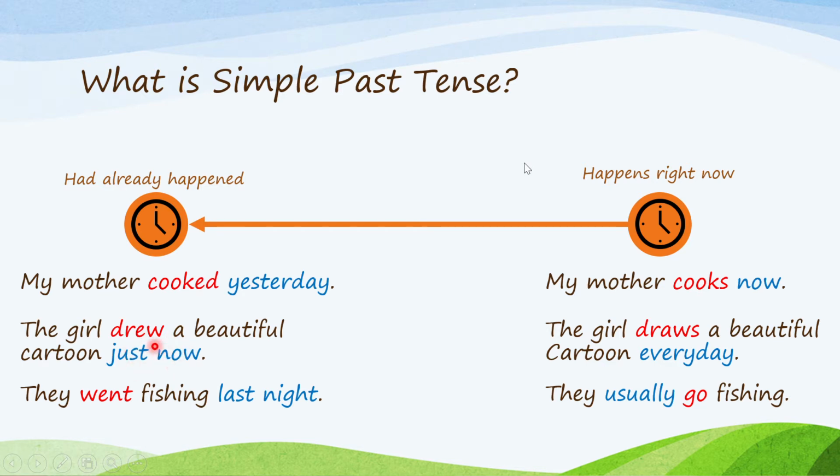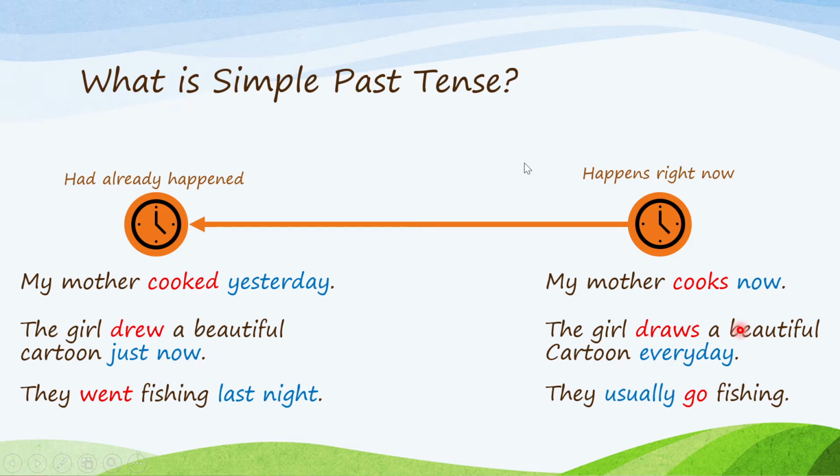Just now bermaksud baru sebentar tadi. Bila menggunakan just now, artinya kita telah menggunakan simple past tense. Maka verb di sini draws akan ditukar kepada drew. The girl drew a beautiful cartoon just now.